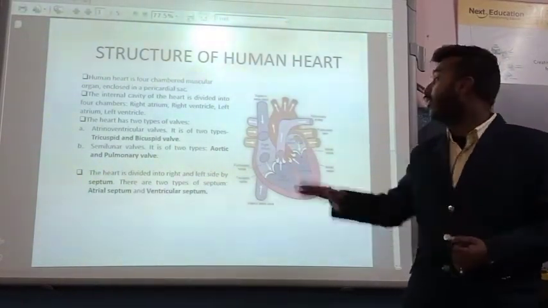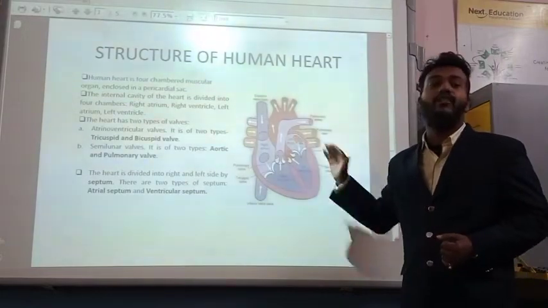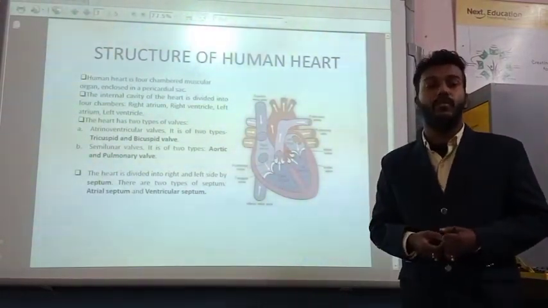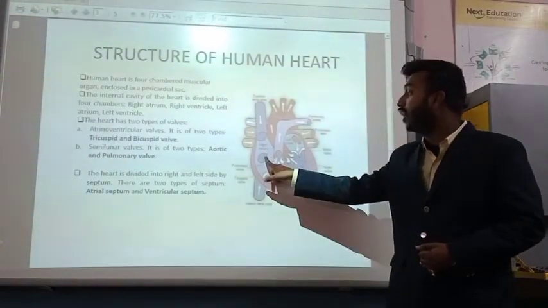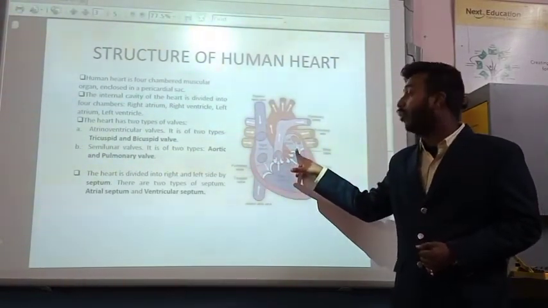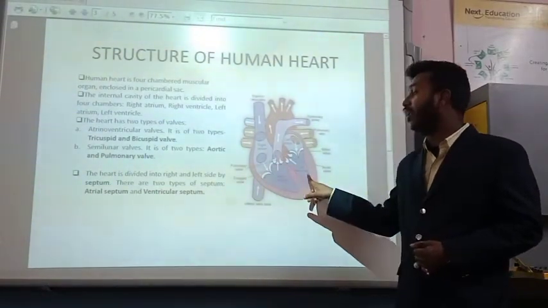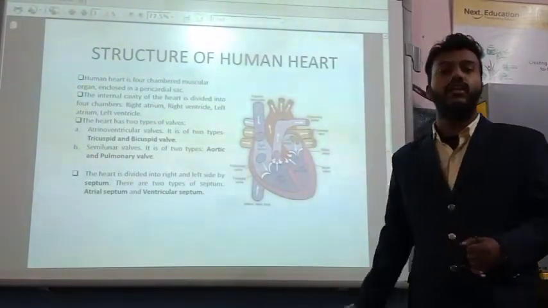Besides this, the right side and the left side of the heart are separated by a wall or membrane-like structure called the septum. The septum that separates the right atrium from the left atrium is known as the atrial septum, and the one that separates the right ventricle from the left ventricle is called the ventricular septum.